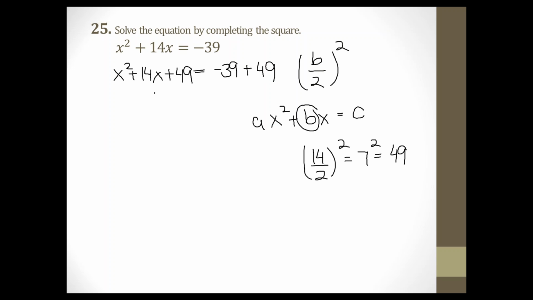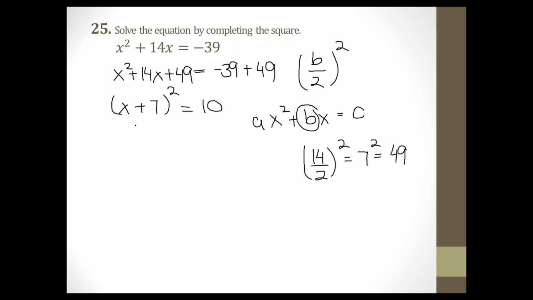Now my left side, I know this is a perfect square trinomial, so factoring it, I should get x plus 7 squared. Okay, if you don't know that, then you can just factor this the regular way, but you should get this answer, and then on the right side, negative 39 plus 49, that gives me 10.